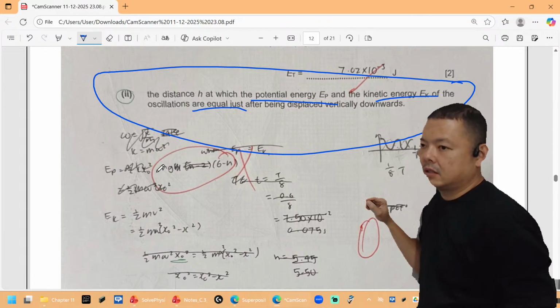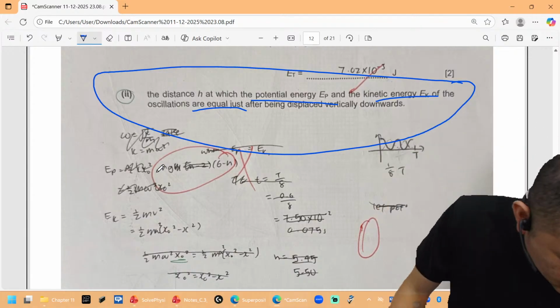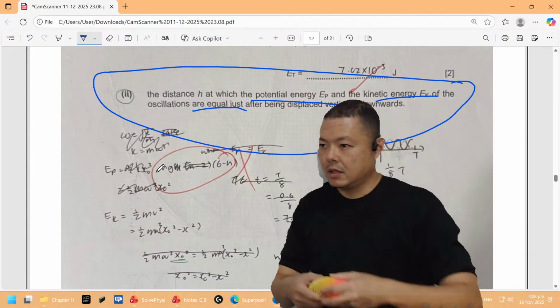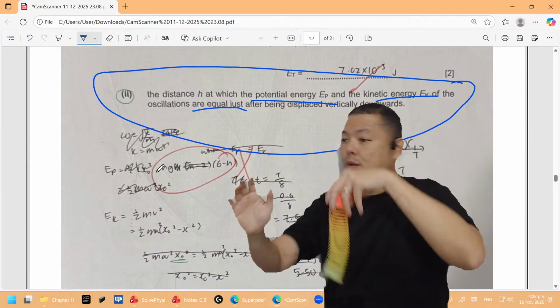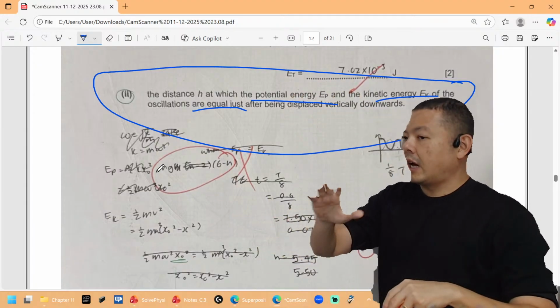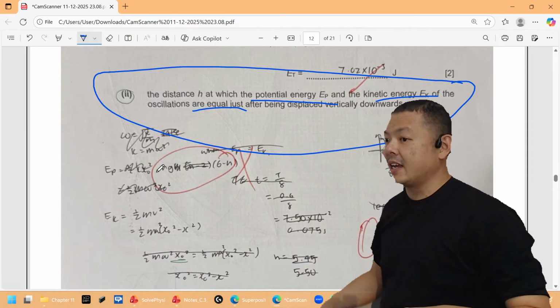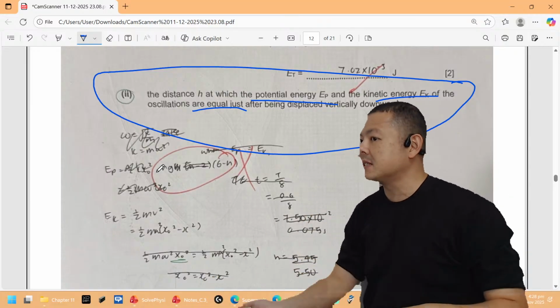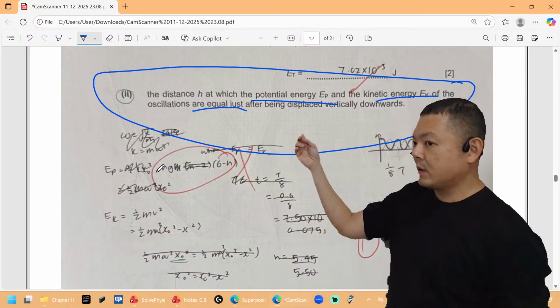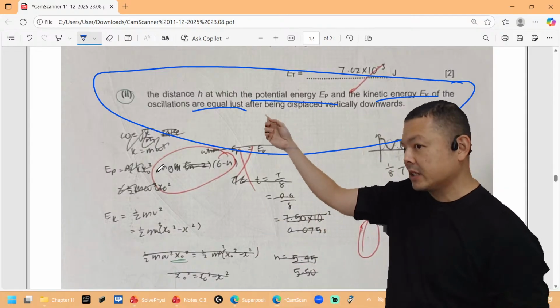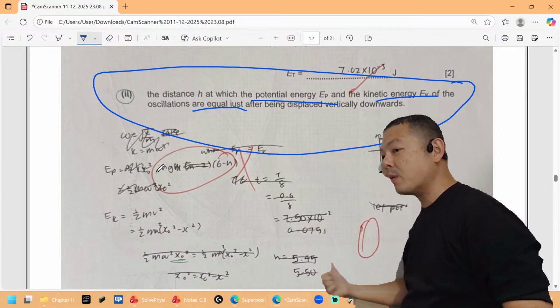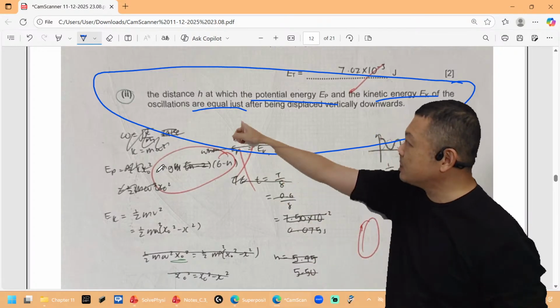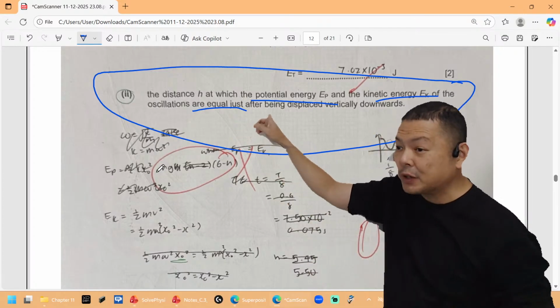I thought you were asking where the points are where the KE and EP are equal. The points are the same, whether you displace downwards or upwards, it wouldn't change. But because you're talking about this specific question, you're asking why they add and not minus. My answer is because they're asking specifically for "just after".